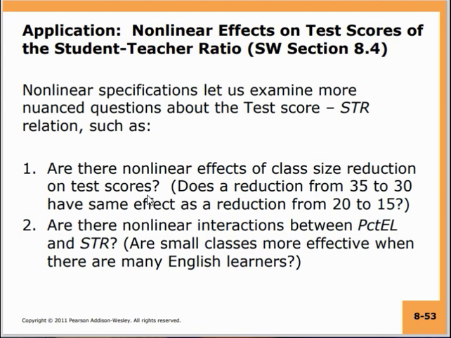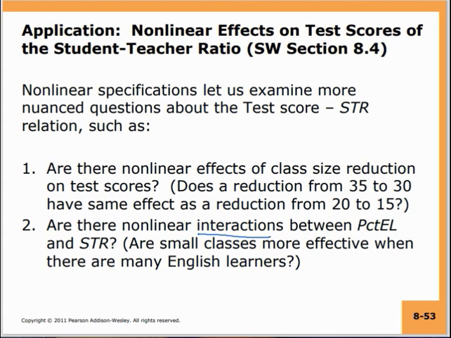So does a reduction from 35 to 30 have the same effect as a reduction from 20 to 15? Are there nonlinear interactions between percentage English learners and student-teacher ratio? As you can see, these are two different kinds of questions that we are asking, and you can model both of these by using different kinds of nonlinear terms.